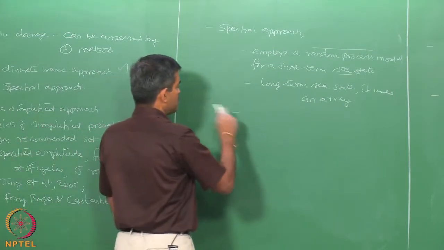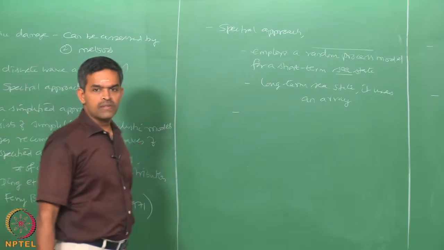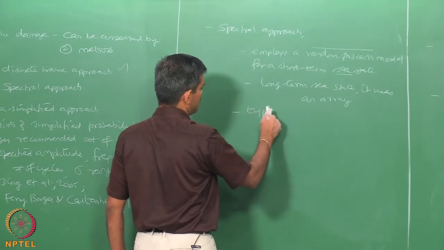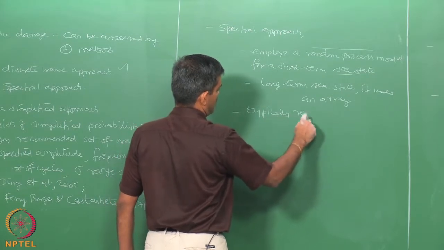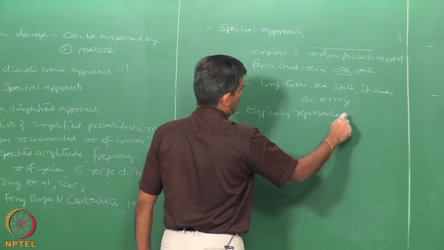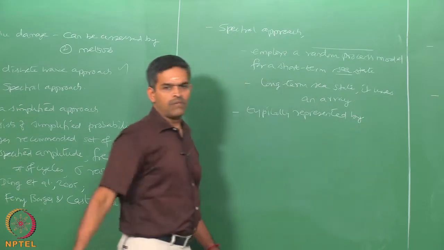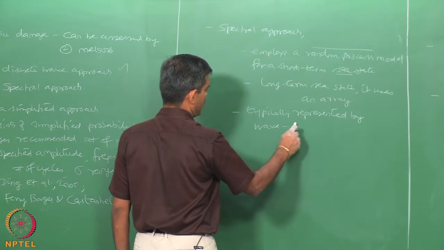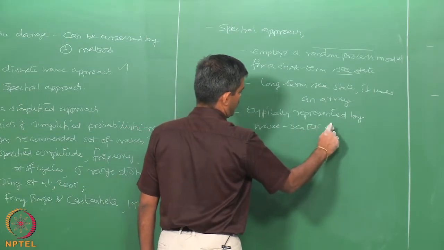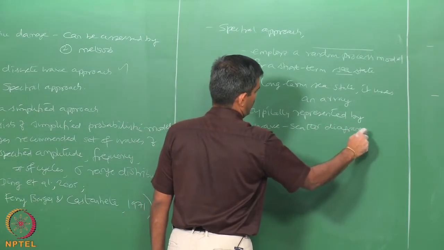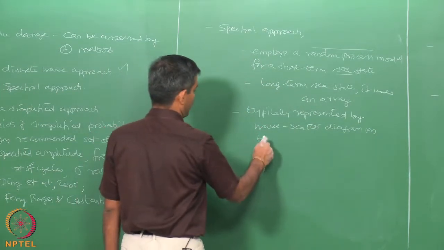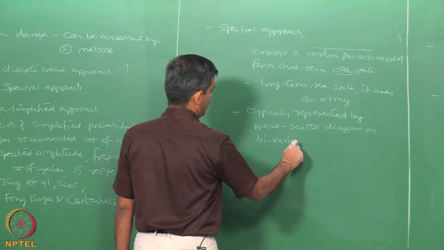Now, the random process or the sea state is typically represented by what we call wave scatter diagram or bivariate histogram.